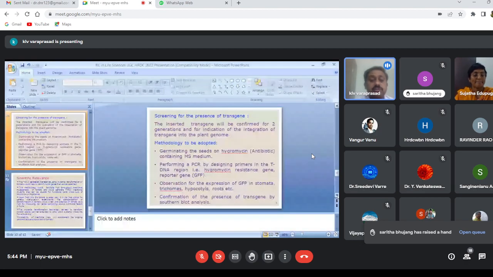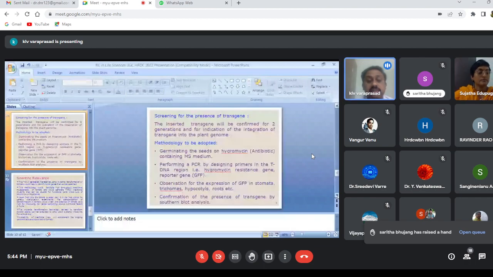Whether the transformation has been done or not can be known by screening for the presence of the transgene by various methods. In the vector itself, we have applied the bacterial selectable marker, the plant selectable marker, and also the reporter gene.